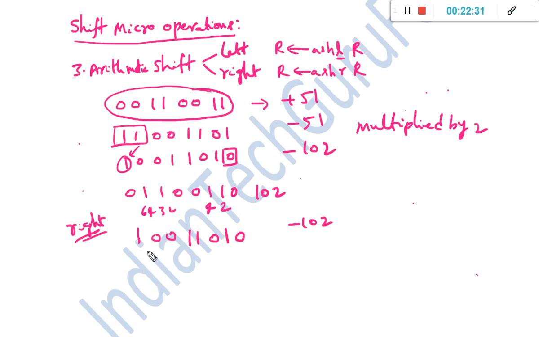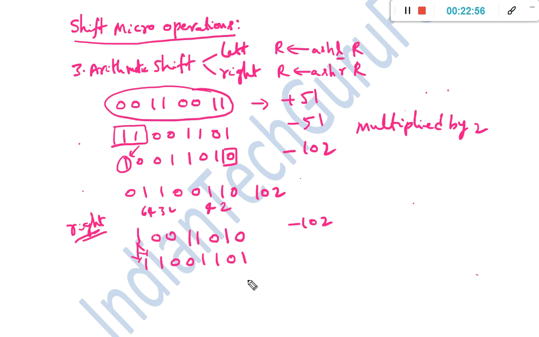Now I want to perform the arithmetic right shift operation. So this one comes here, 0 0 1 1 0 1, and I should replace the sign bit with the Rn minus 1 value, that is this one. So this is the value we got after performing the arithmetic right shift operation.